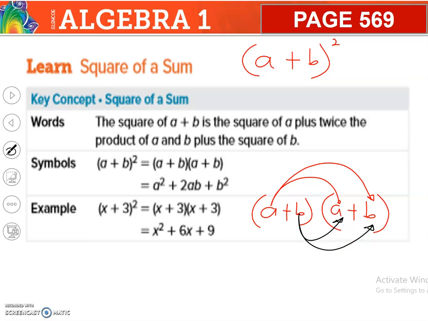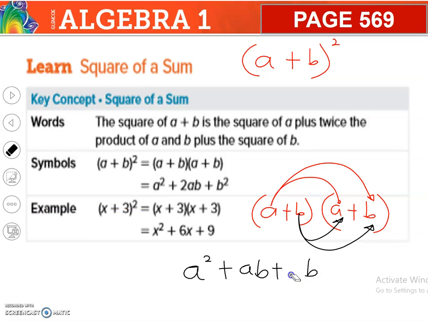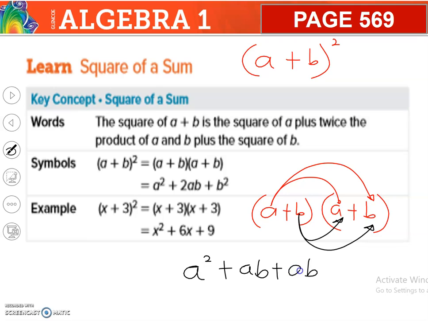So a multiplying a will give us a squared, plus a multiplying b gives us ab, and b multiplying a gives us ab, and b multiplying b gives us b squared.